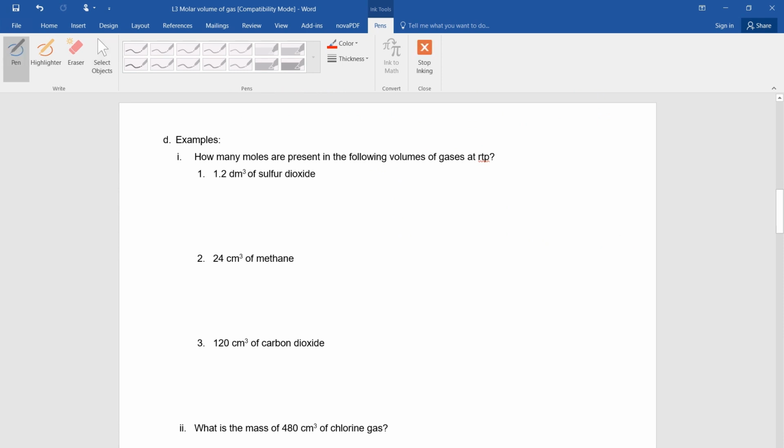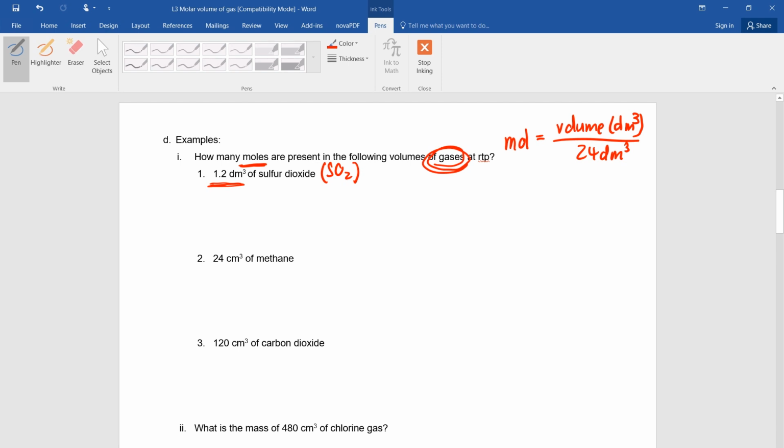Alright, so let's look at the question. I need to find the number of moles in this volume of gases. Knowing that it's gases, I should straight away think of this formula: mole is equivalent to volume of gas in dm cube divided by 24 dm cube. Sulfur dioxide, the formula is SO2. Although it's not important in this case, just to let you know. How do I find out how many moles is inside this 1.2 dm cube of sulfur dioxide?